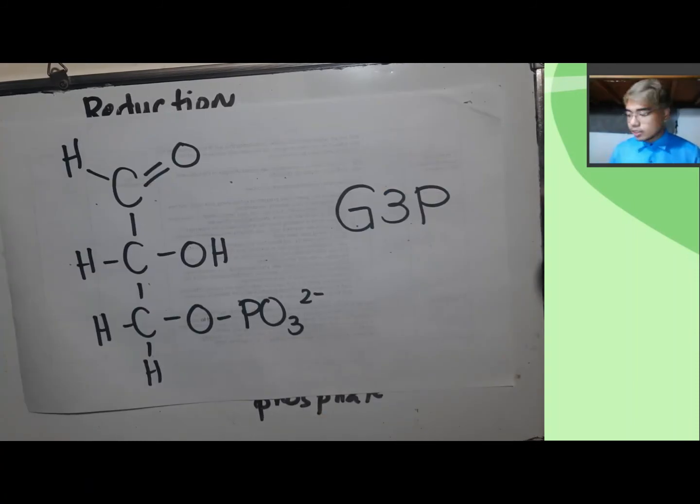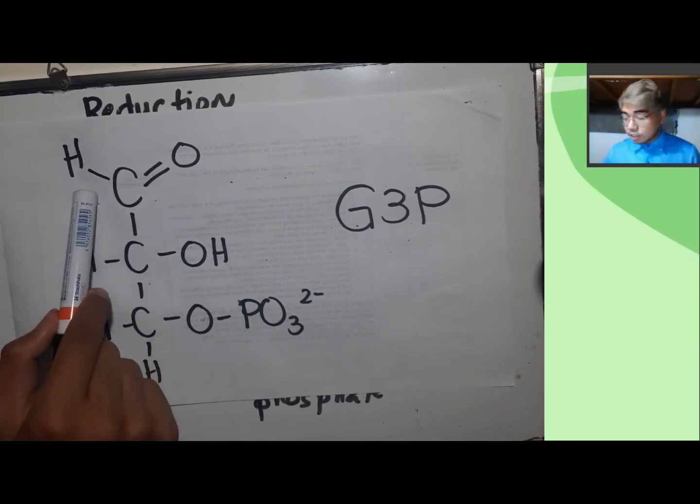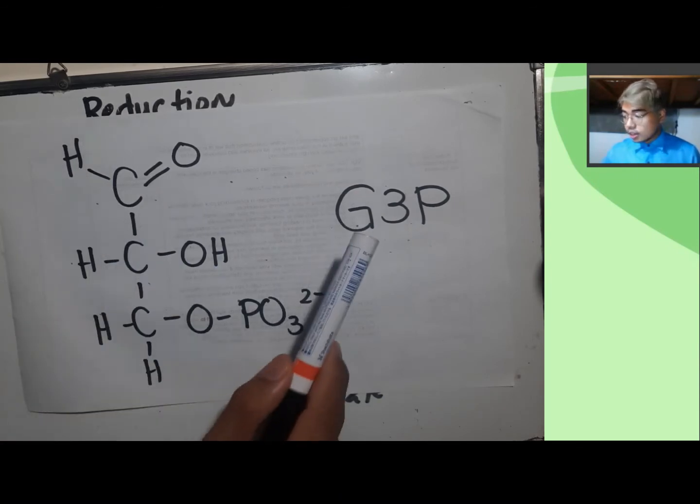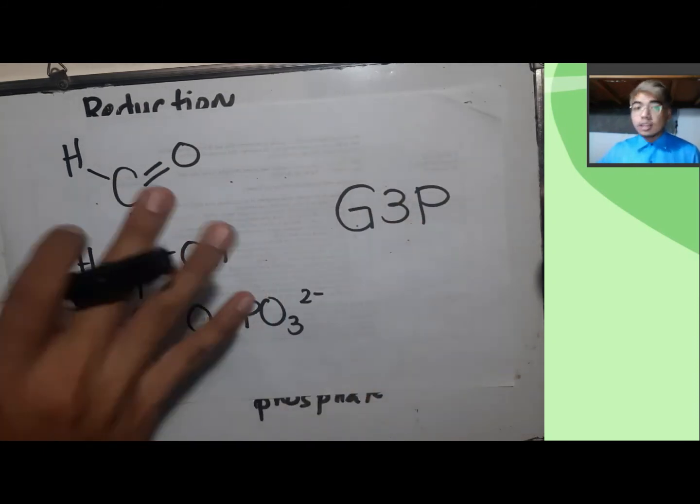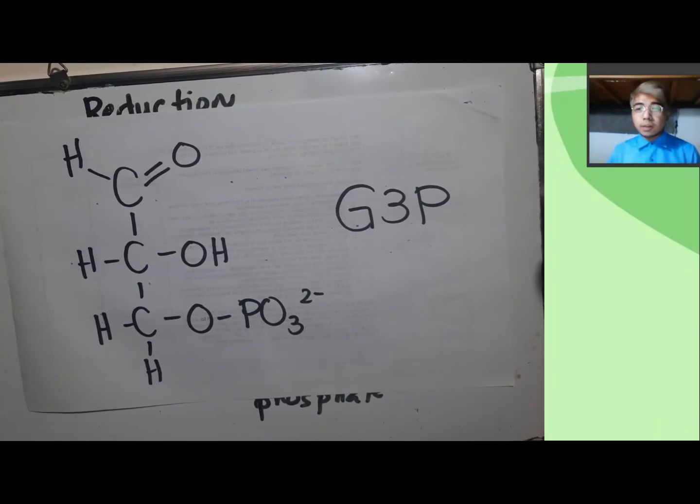Glyceraldehyde 3-phosphate: glycerol, aldehyde functional group, then on carbon number 3, the presence of the phosphate group. This is now the G3P that will be utilized in the next part of the Calvin cycle.